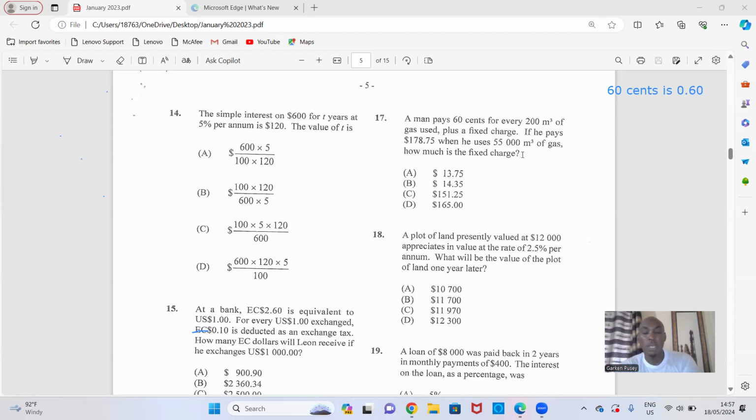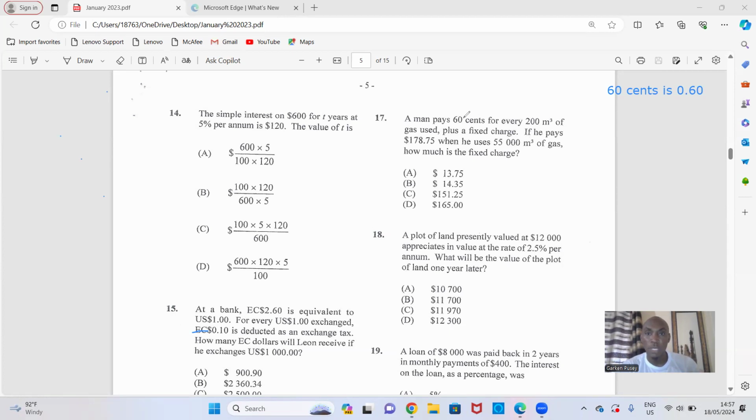All right, so let us see if we can find out how much is the amount before the fixed charge. Because what we're given right here, the $178.75, is the amount the man will pay inclusive of the fixed charge. So let's find out the amount he will pay before the fixed charge. What we can do first is to find out how many 200 cubic meter we can get from this 55,000.